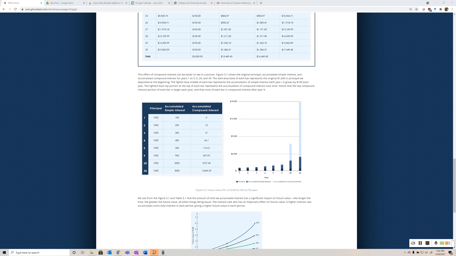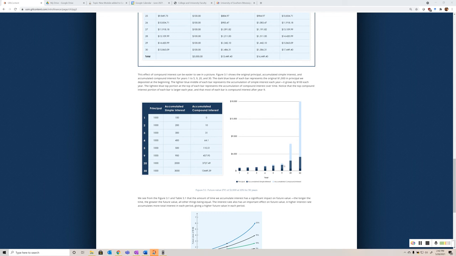If we were to look at this in chart form, right, we've got a breakdown here of the original principal of $1,000. That's our darkest shaded region in these bars. And then we've got accumulated simple interest, which is the slightly less dark blue region on each of these bars. And our accumulated compound interest, which is the lightest region on top.